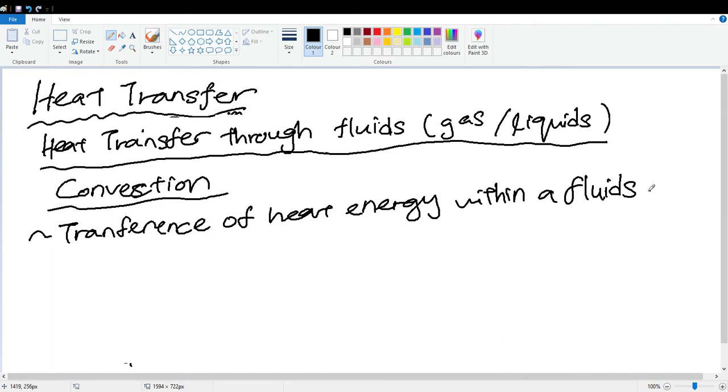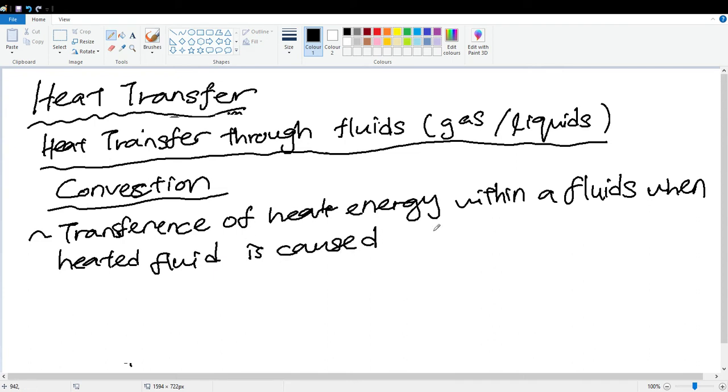Transference of heat energy within a fluid when heated fluid is caused to move away from the source of heat.